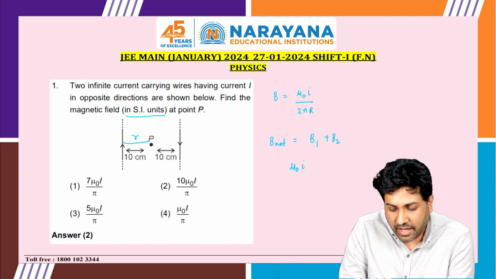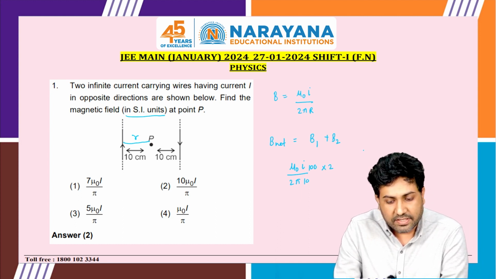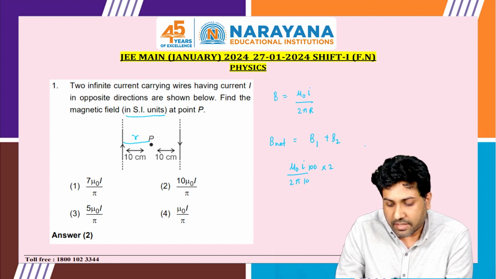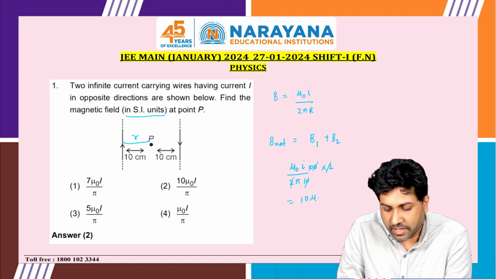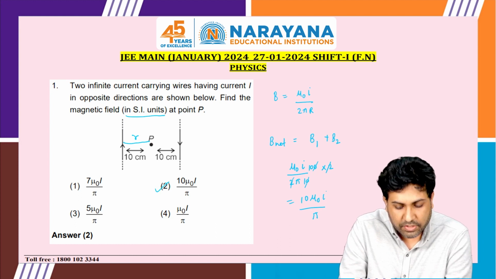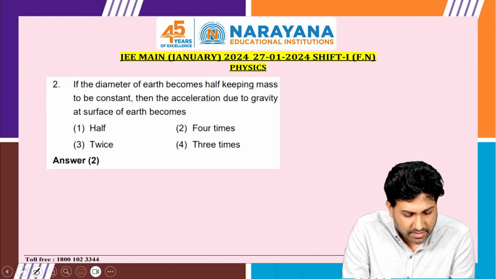So I'll write mu naught I by 2 pi r, where r is replaced with 10 by 100, and I can just multiply it with 2 because both the wires carry the same current I and the distance also is equal. So from here we will get 10 mu naught I upon pi, which is option 2. Okay, let's move to the next question then.